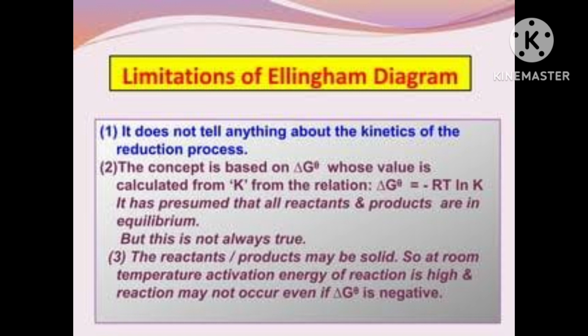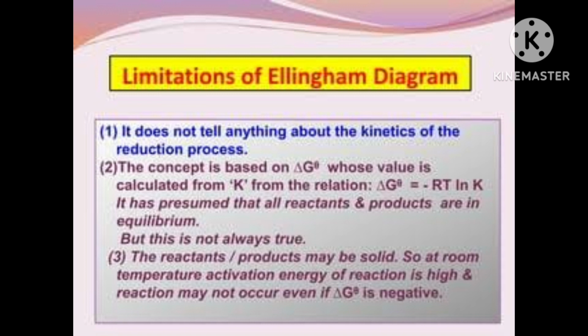Second limitation. I am telling you, the interpretation of standard delta G is based on K. You know that standard delta G is equal to minus RT ln K. Hence it is based on K, the equilibrium constant.